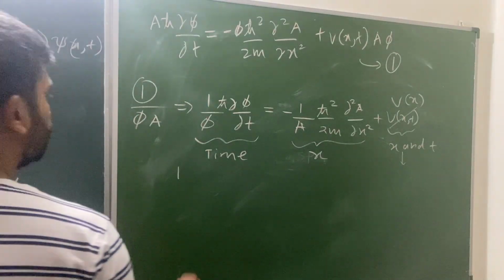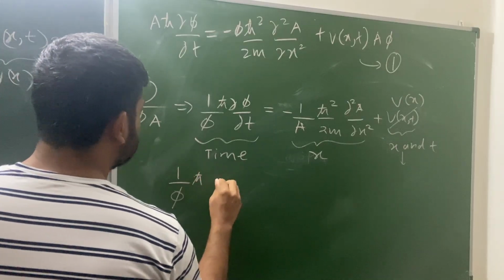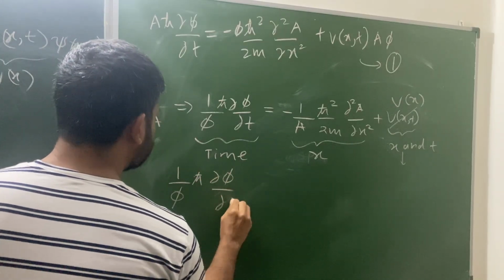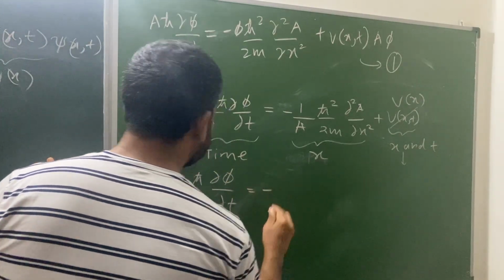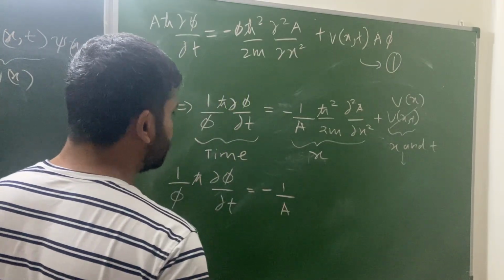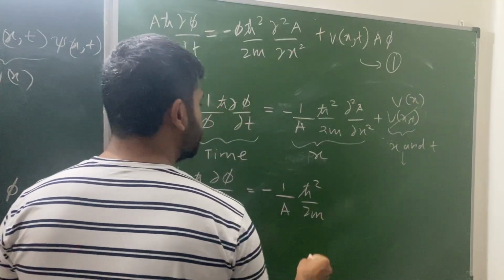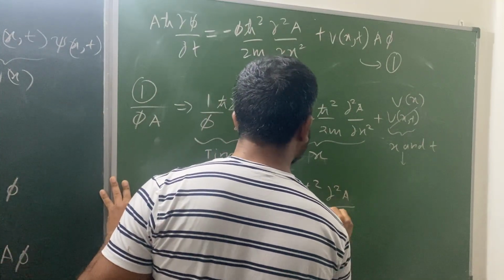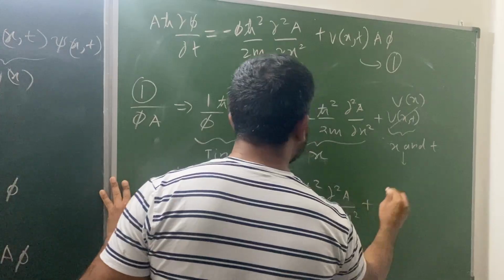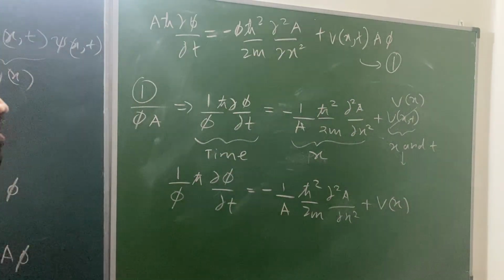So now here we have 1 over phi, i h bar, partial phi over partial t is equal to minus 1 over phi, h bar squared over 2m, partial squared phi over partial x squared, plus now a function that depends only on V(x), and not on time.